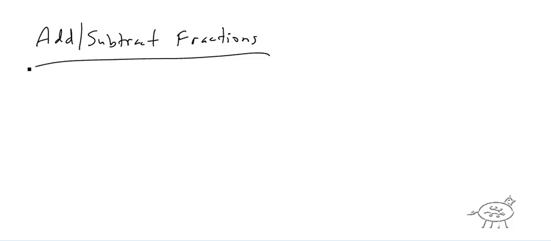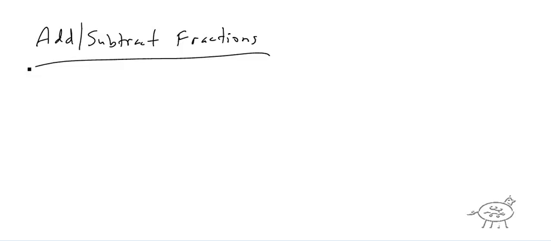All right, so today we're going to work on adding and subtracting fractions. The deal is with multiplication and division, you could just multiply them together. Remember, we just had to cross-cancel numbers.